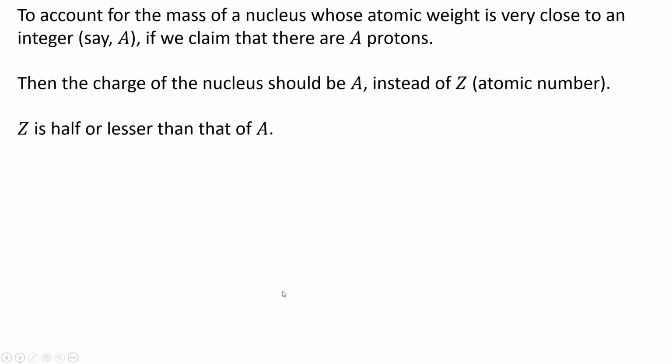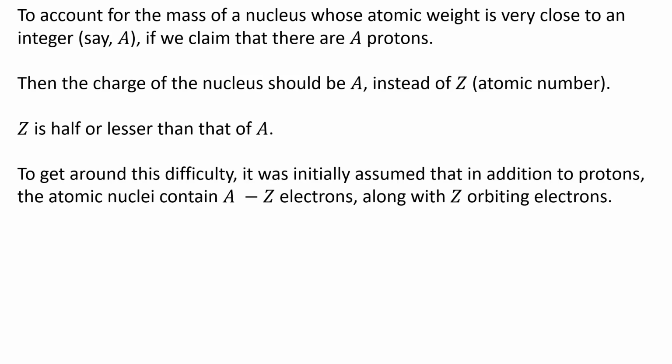So, plus Ae and minus Ze would not compensate each other. And as I said, Z is usually smaller, either half or lesser than A. So, the charge neutrality is violated.